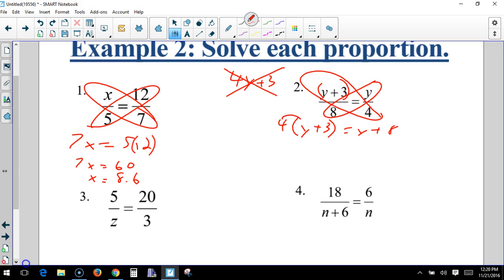Now we just go back to algebra 1, do some distributing. 4y, don't forget 12, equals y plus 8. Now we're going to subtract y and get 3y. We're going to subtract 12 and get negative 4, 8 minus 12. Then we divide by 3, get y equals negative 4/3.